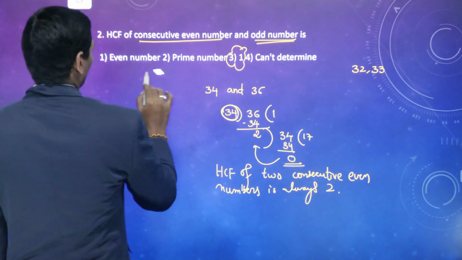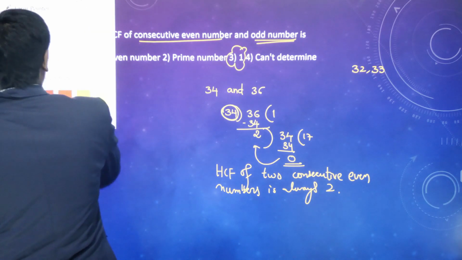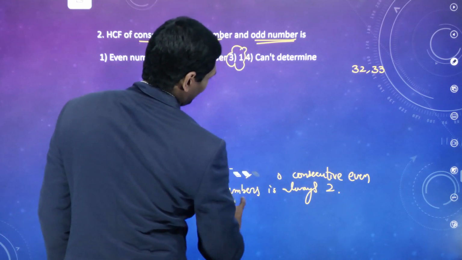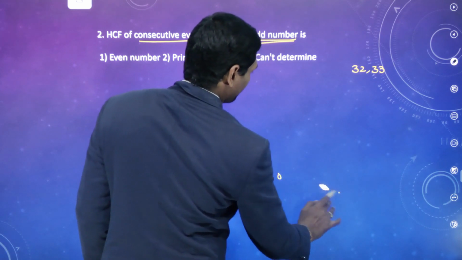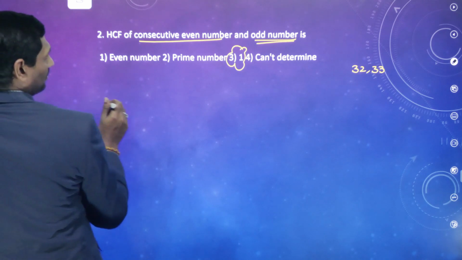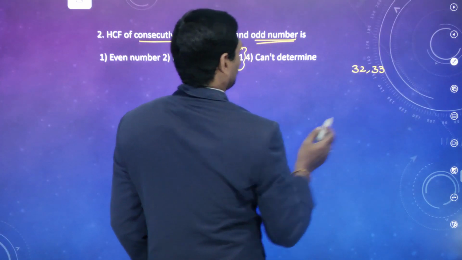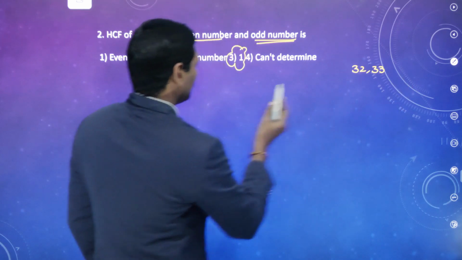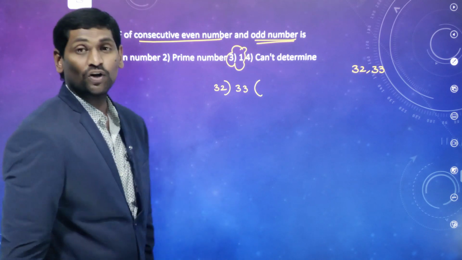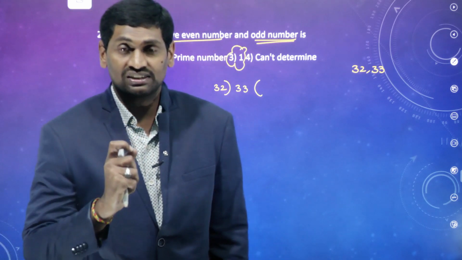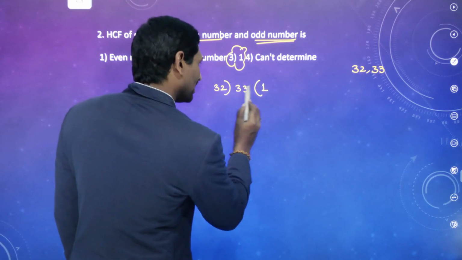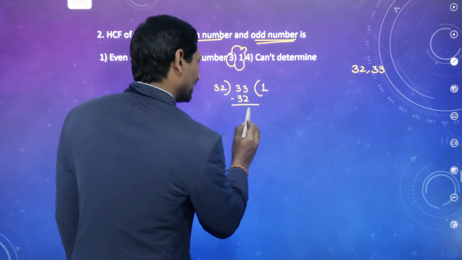So let us see how the HCF of any two consecutive numbers always becomes 1. Let us discuss it with an example. The same numbers, 32 and 33, I have taken as an example here. I told you the smaller one is the divisor and the larger number is taken as the dividend. So 32 ones are 32. The remainder is 1.